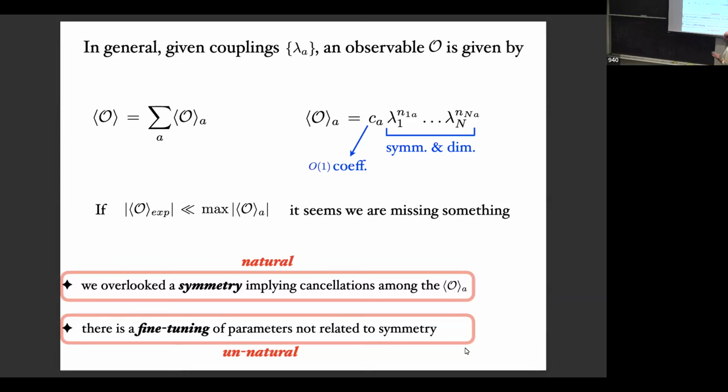Okay, so I was making this argument, which is a way to define, conceptualize the notion of natural and unnatural.